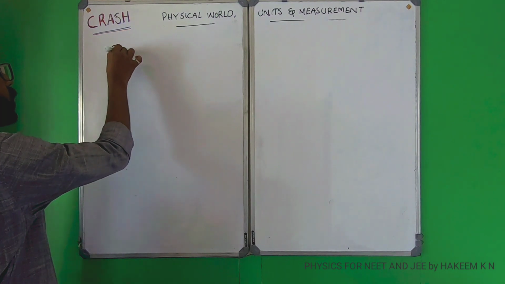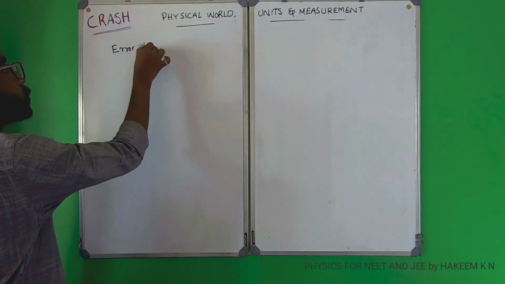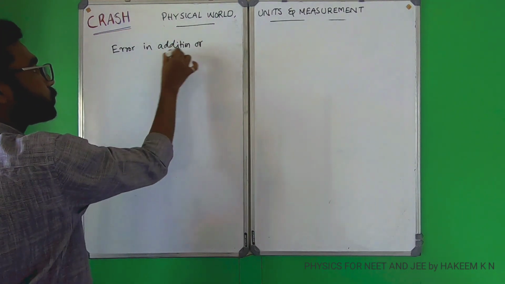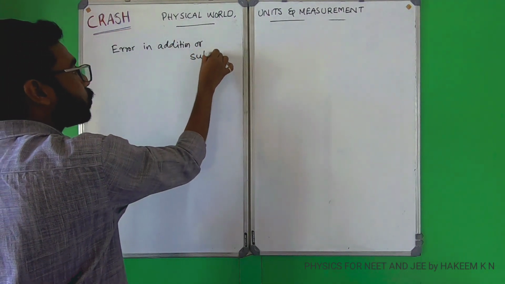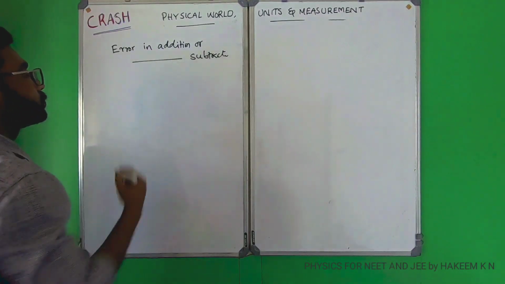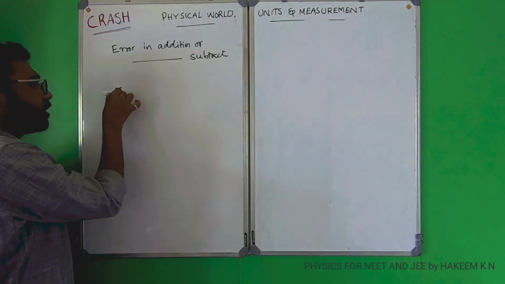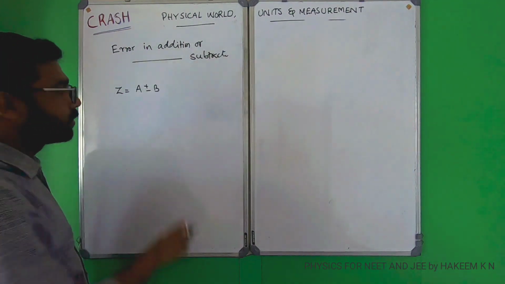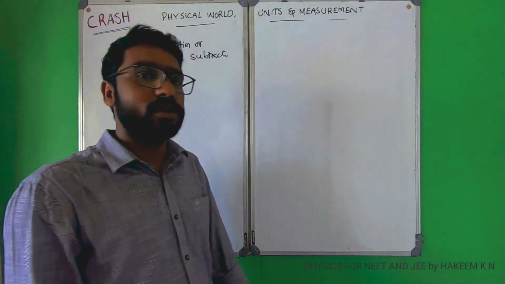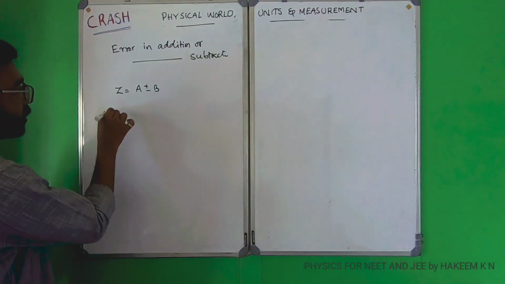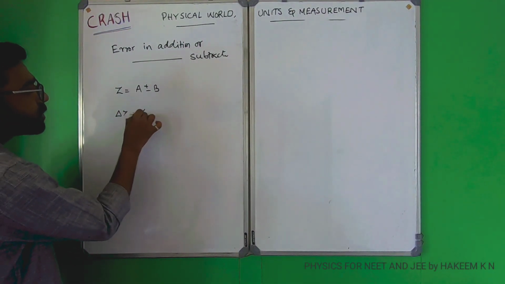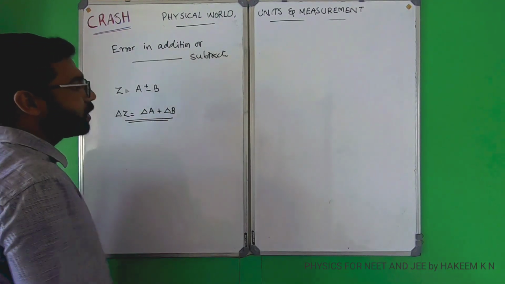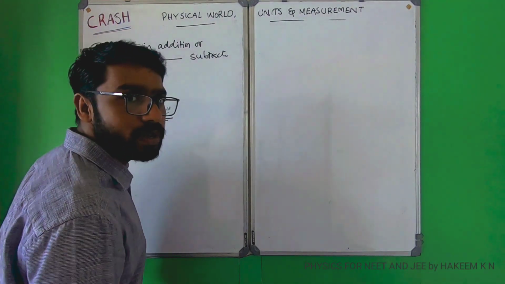Now, error in addition or subtraction. If z equals a plus or minus b, then the absolute error in z equals error in a plus error in b. In addition or subtraction, errors are always added.